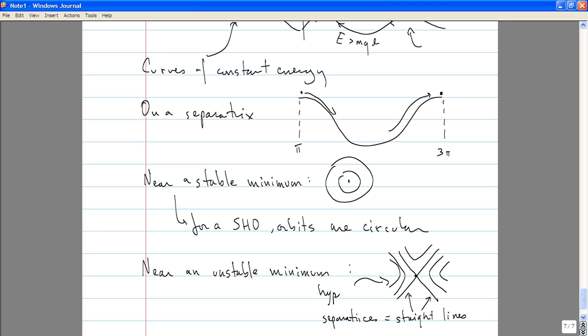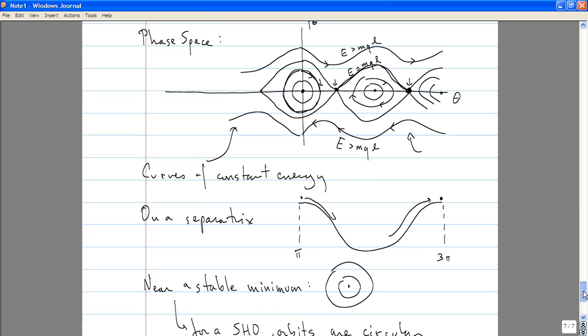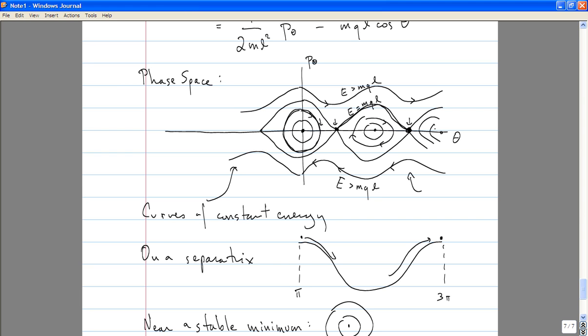And so just as for the stable excitations around a simple harmonic oscillator, you can prove that the orbits are circles, for the unstable excitations around an unstable fixed point, you can show that the curves are hyperbolas. And that is reflected in this diagram that I drew above, where you have circles around the stable fixed points at 0, 2 pi, and so forth, and hyperbolas around the unstable fixed points at pi, 3 pi, and so forth.